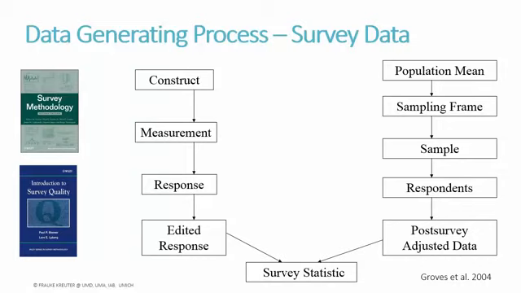What's nice about this graph is that it shows you two arms. On the right-hand side, you see the representation side. We have a population, maybe a true population mean as a construct. From that population, you take a sampling frame.